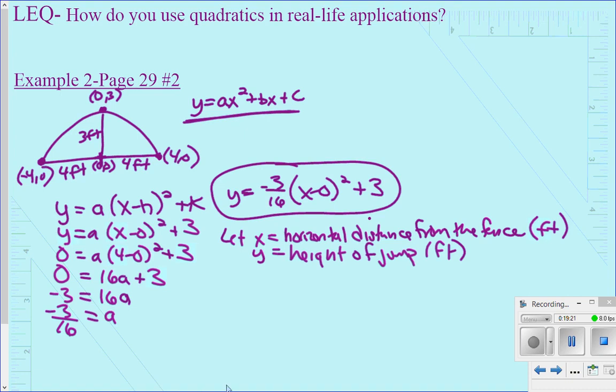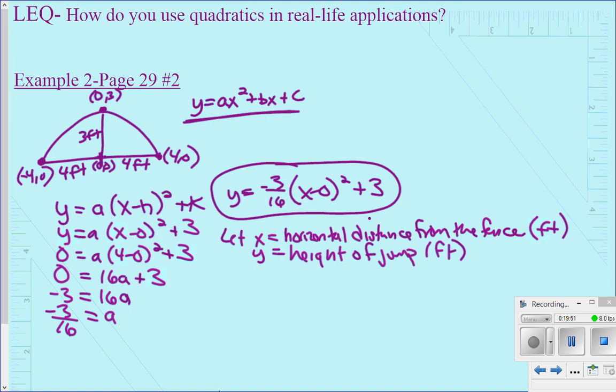I could say, how high would the jackrabbit jump if it was starting its jump at 2 feet away from the fence, or something like that. In which case you would put 2 in for x and solve for y to figure out the height of the jump. In this particular problem, that was all we were asked, just to write the equation, but it's important that you understand how to apply that equation as well.